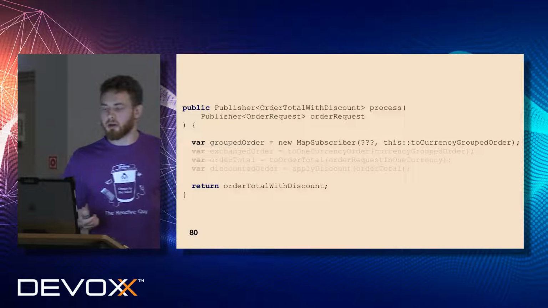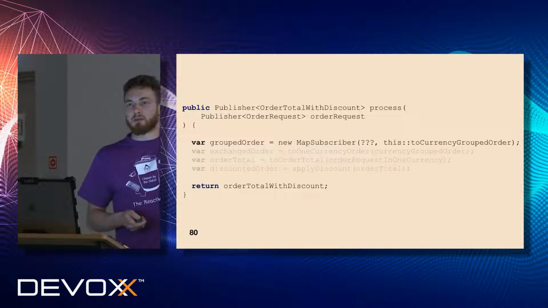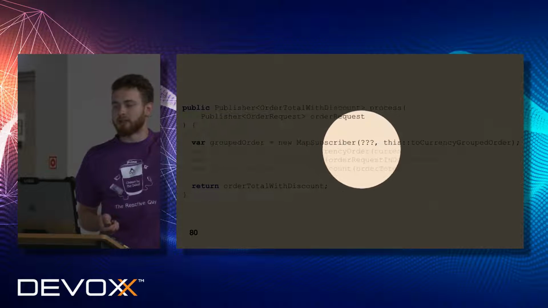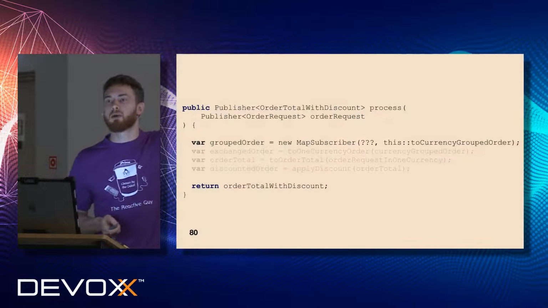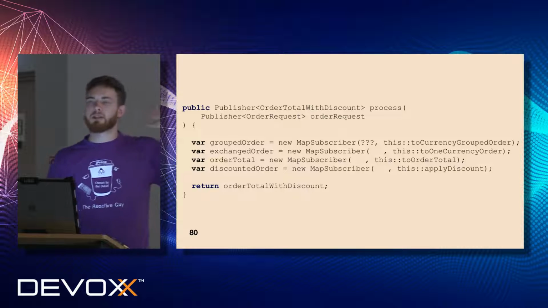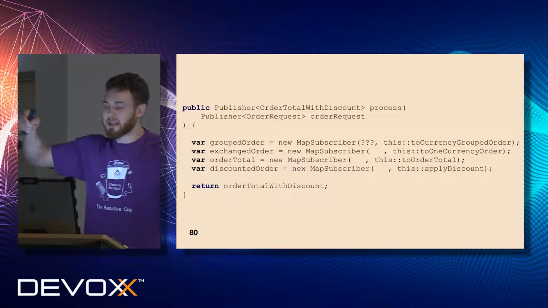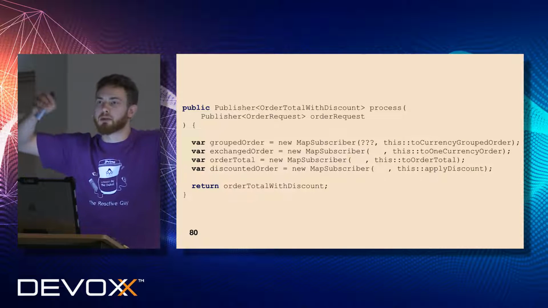But now the question, where do we have access to the subscriber? Like in our case, this is a second element, but it's clear that we have to pass a subscriber to whom we have to send methods, right? Then of course we can apply the same transformation to every stage, yeah? We just replace all the operations with subscribers because we have map subscriber.